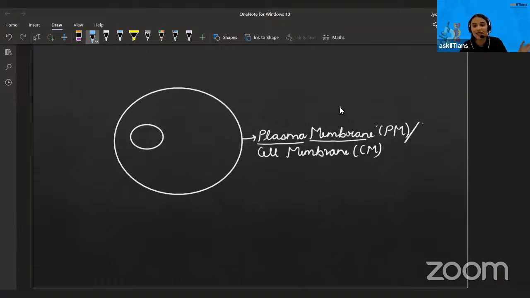Okay, so an additional layer is present outside the plasma membrane, which we know as the cell wall. Also, in plant, you will see there is an additional layer present which lies outside this plasma membrane.